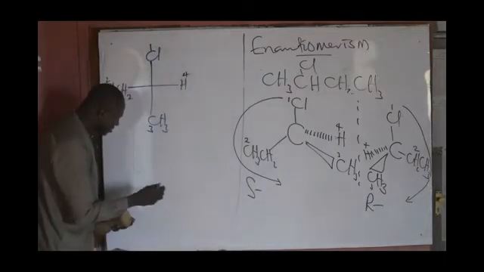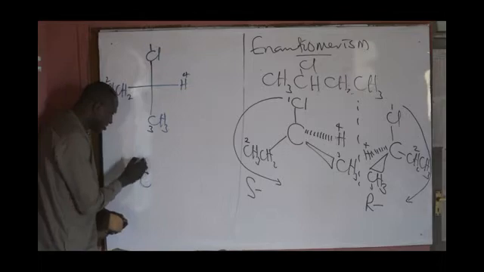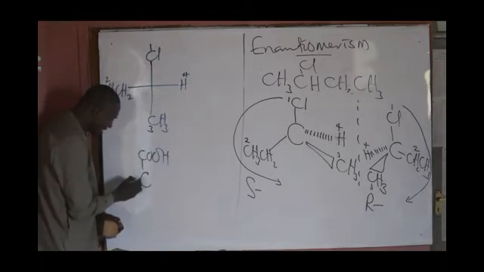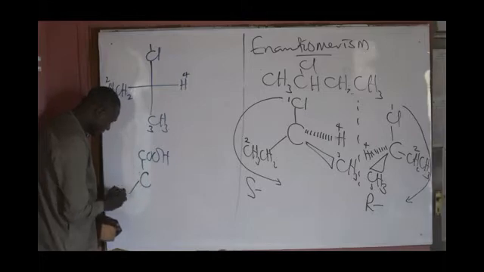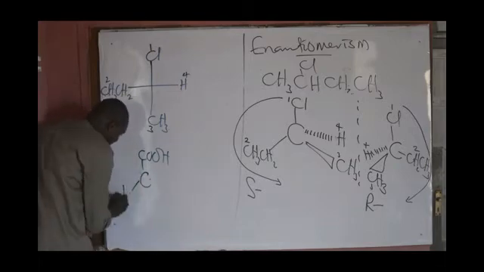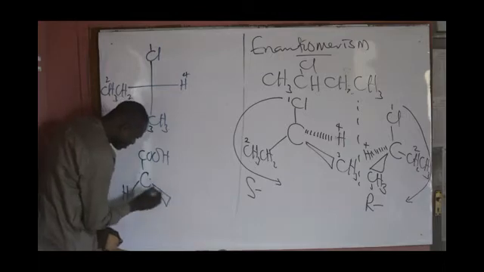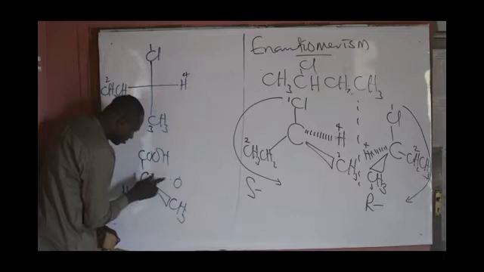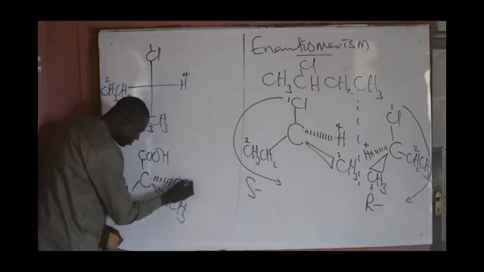Let's take an instance. Look at this. You have something of this nature: COOH here, CH3 here, assuming there is hydrogen here, and you have OH here on the hash wedge.